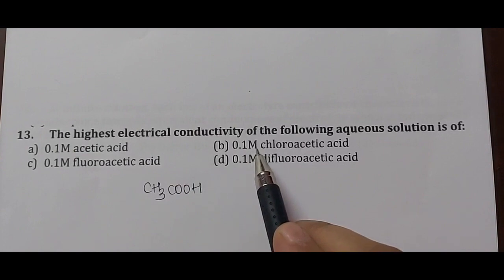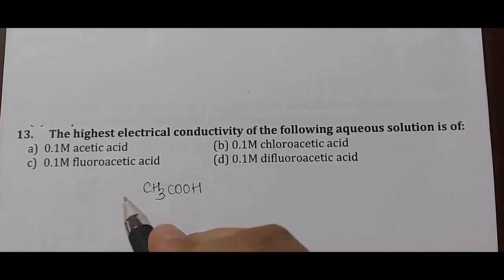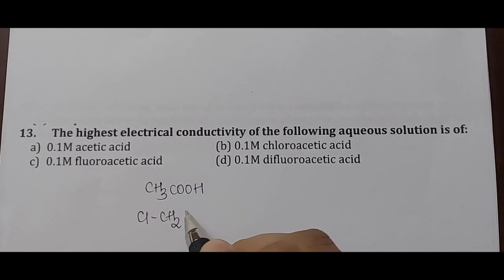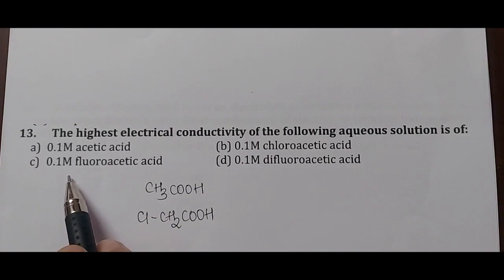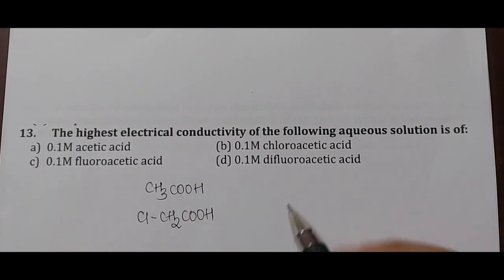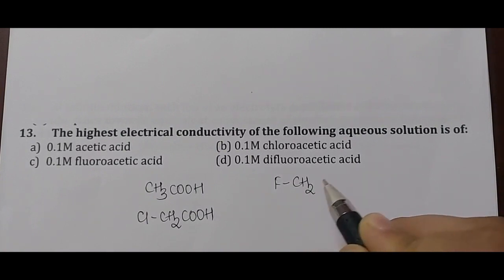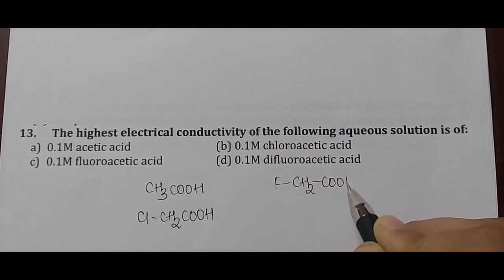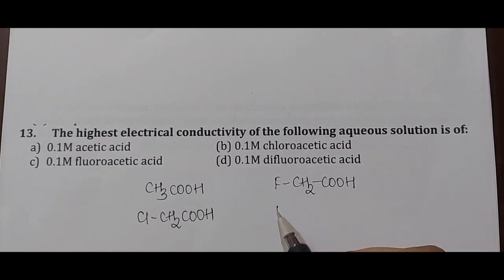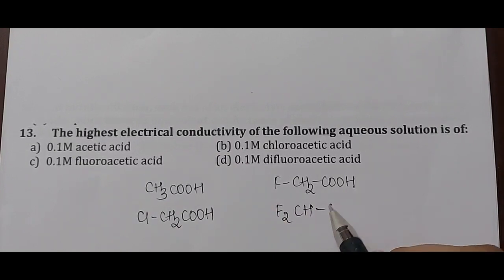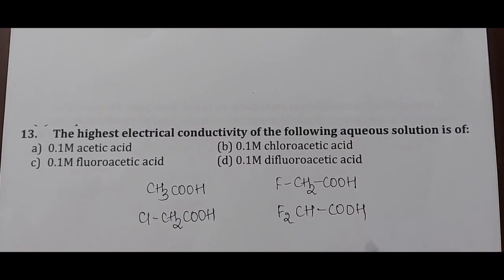Second, 0.1 molar chloroacetic acid, which we can represent as ClCH2COOH. Third, 0.1 molar fluoroacetic acid, which we can represent as FCH2COOH, and fourth, difluoroacetic acid, which we can represent as F2CHCOOH.